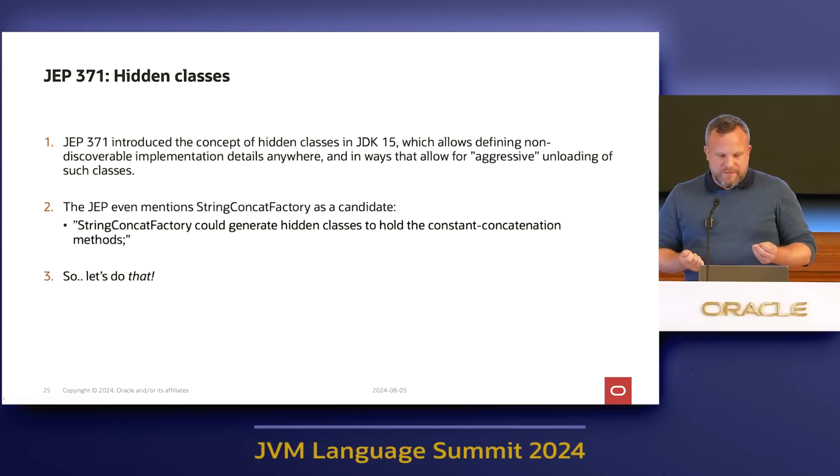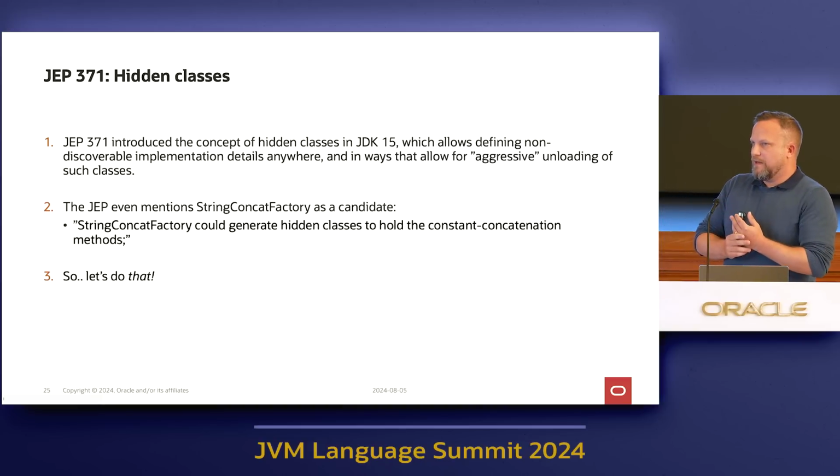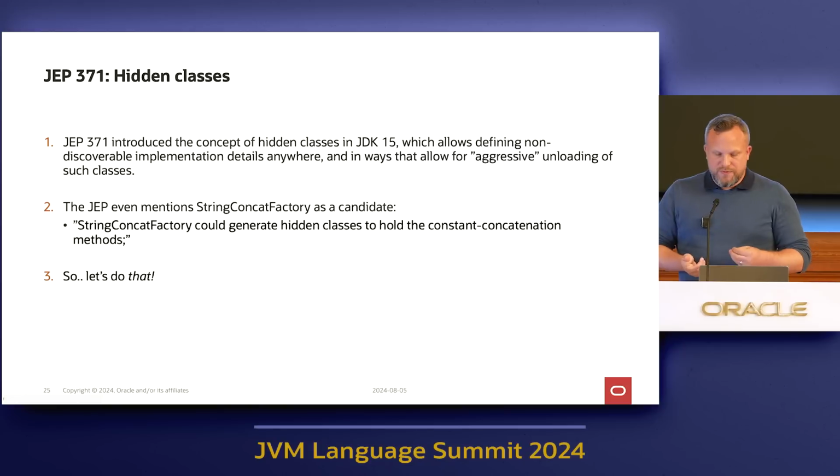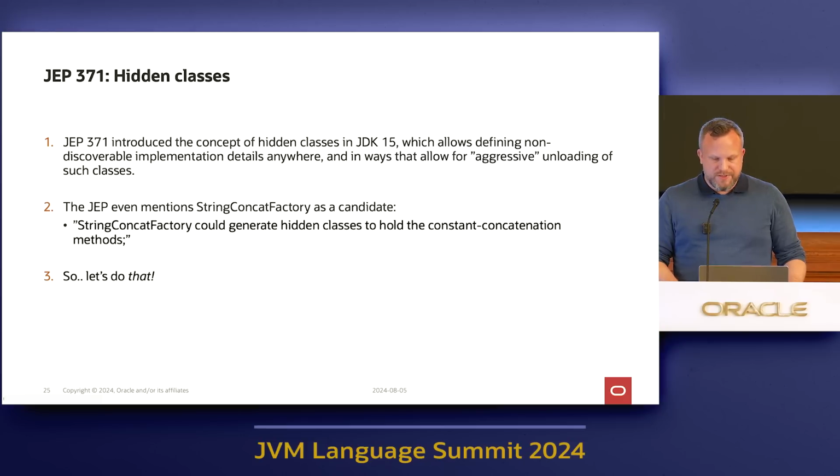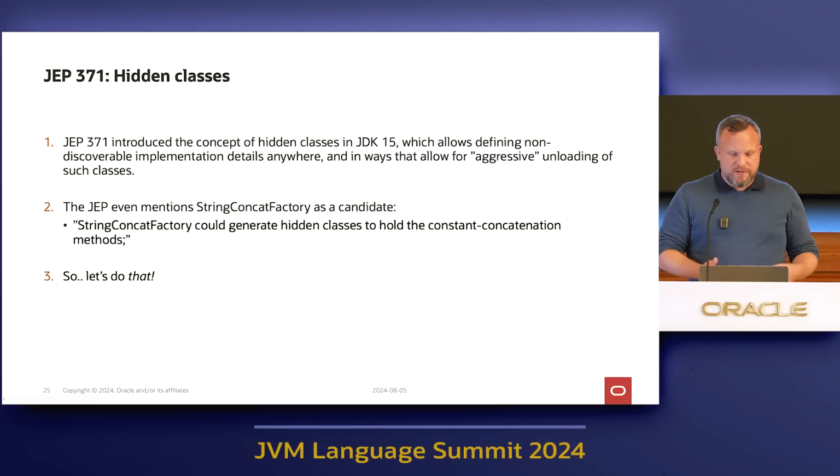JEP 371, I forget which JDK, 15, provides this mechanism to generate and load classes that are not discoverable by any module or package or whatever. If you have the right privileges, it allows for those classes then to access private internal implementation details.